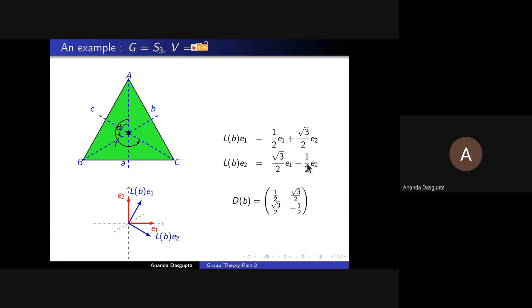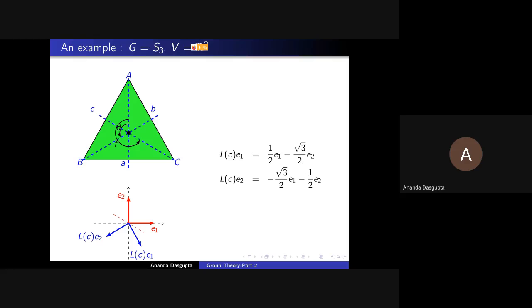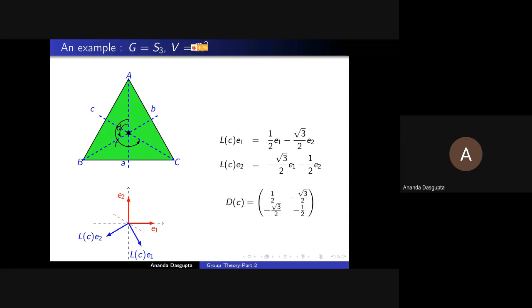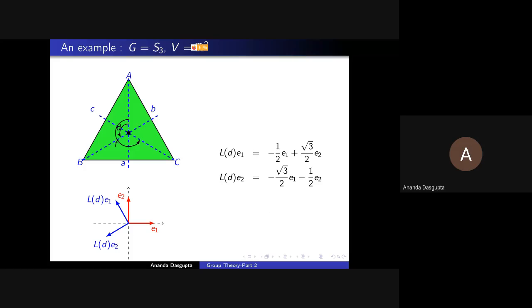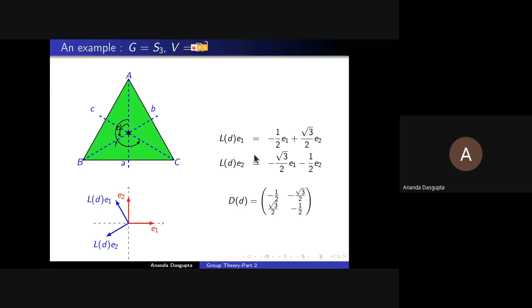So that is written down as DB. C is done very similarly. I'm not going to go into repeating this every time because you should be able to figure it out yourself. Let me just point out that if you rotate through 120 degrees, that's LD. So E1 goes here to LD E1 and E2 goes to LD E2. Now you get these as the resulting vectors. So minus 1/2, √3/2 form the first column and minus √3/2, minus 1/2 form the second column.